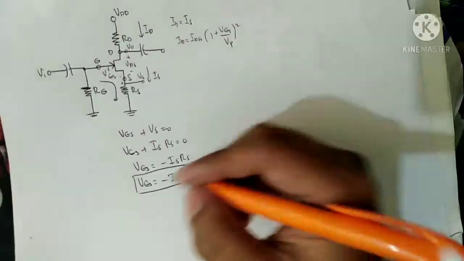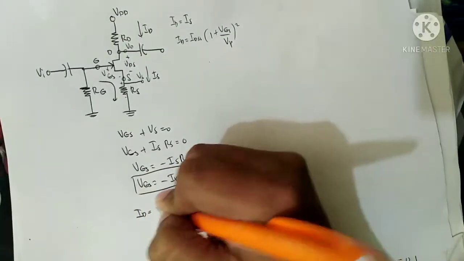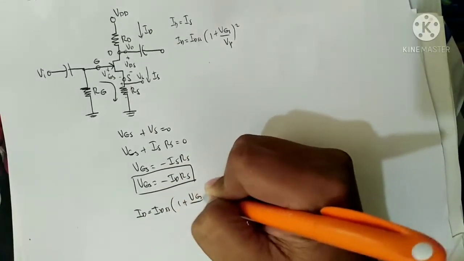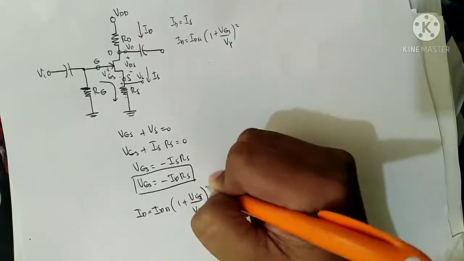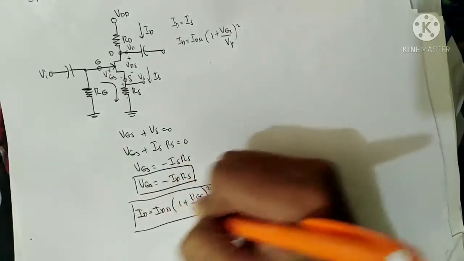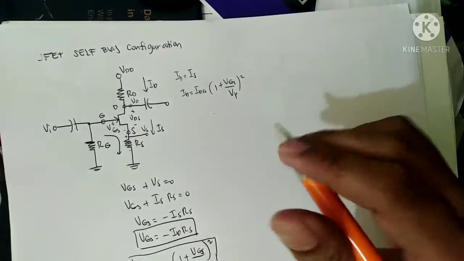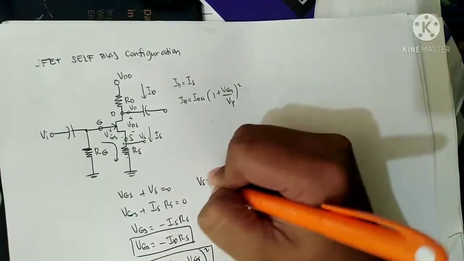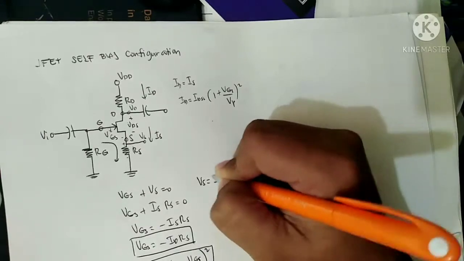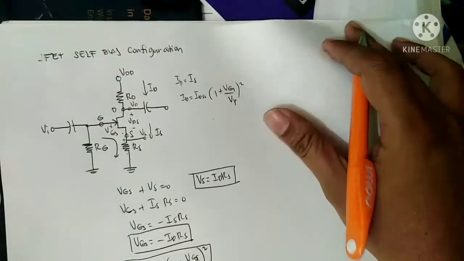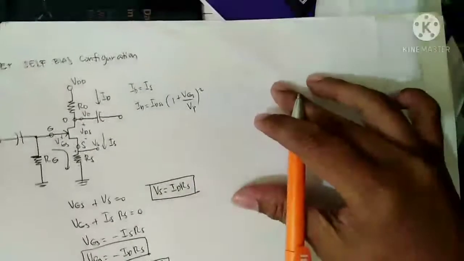And then we can also use Shockley's equation, 1 plus VGS over VP squared. What else? VS is equal to ID RS. So these are some helpful formulas.